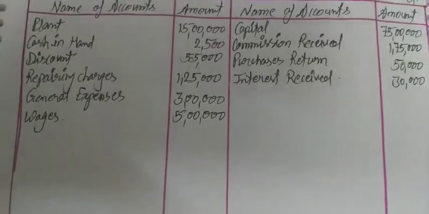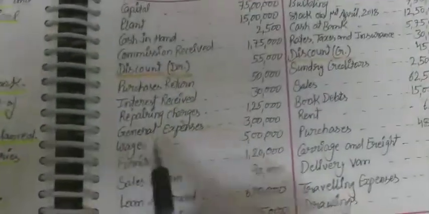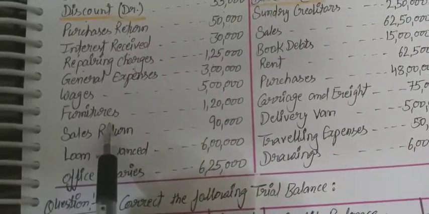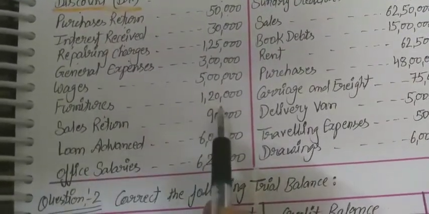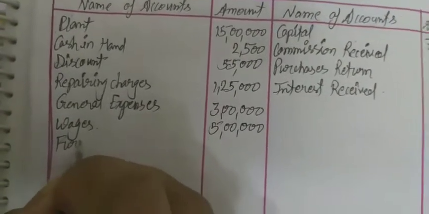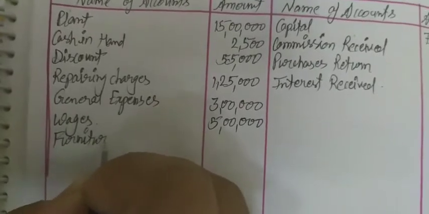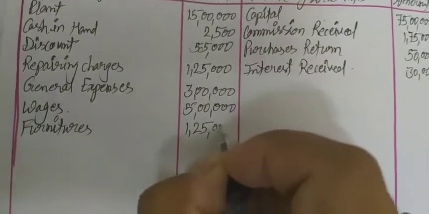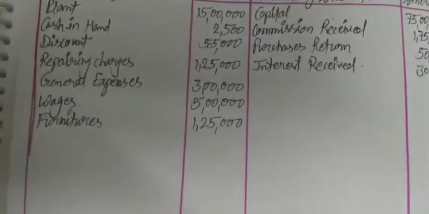Okay. So now student, next one is furniture. These are assets for the business, 1,20,000. So that's why furniture will come on the debit side. Furniture, that is 1,25,000. It will show on the debit side.